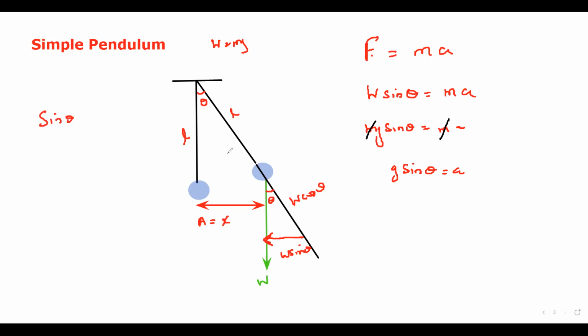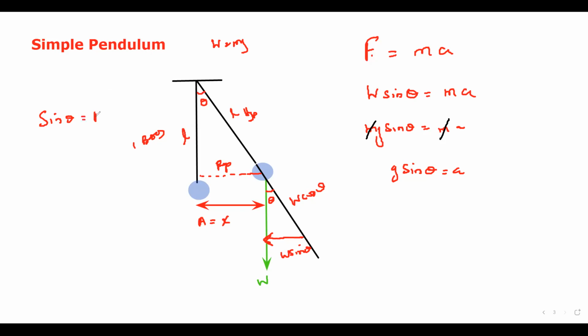If we consider a right angle triangle, like this one, the side along the angle is the base, this one is the perpendicular, and this distance, the maximum distance, is the amplitude. Sorry, by mistake I wrote this as hypotenuse. So the perpendicular is the amplitude, the base is the length, and theta.